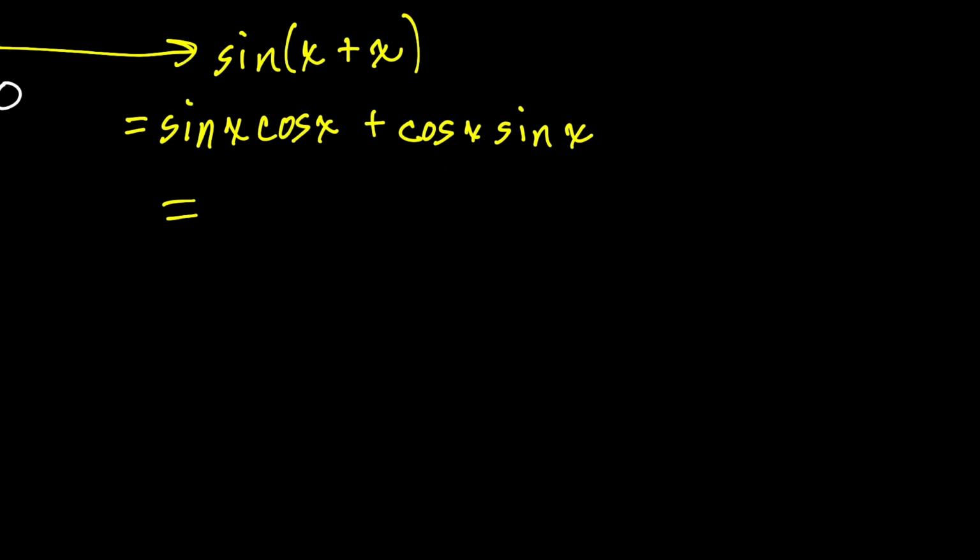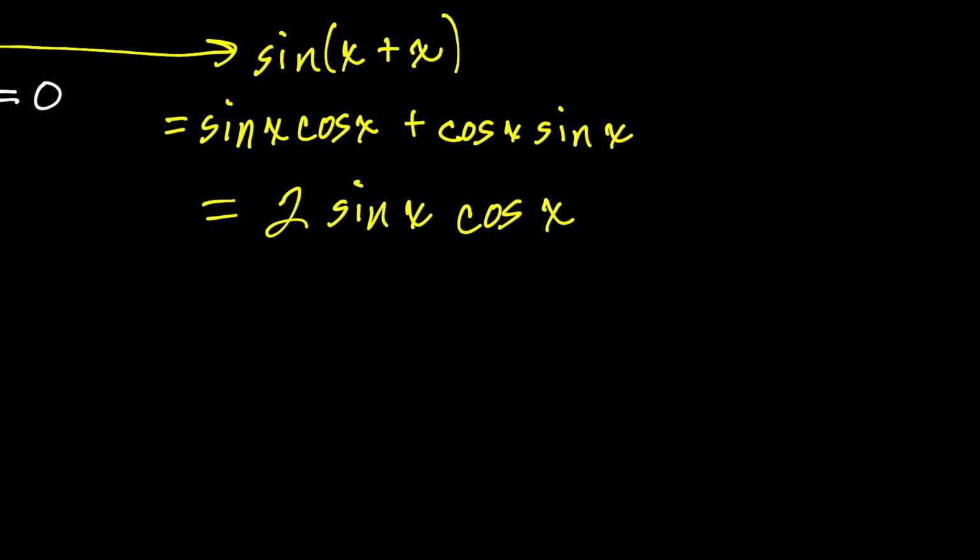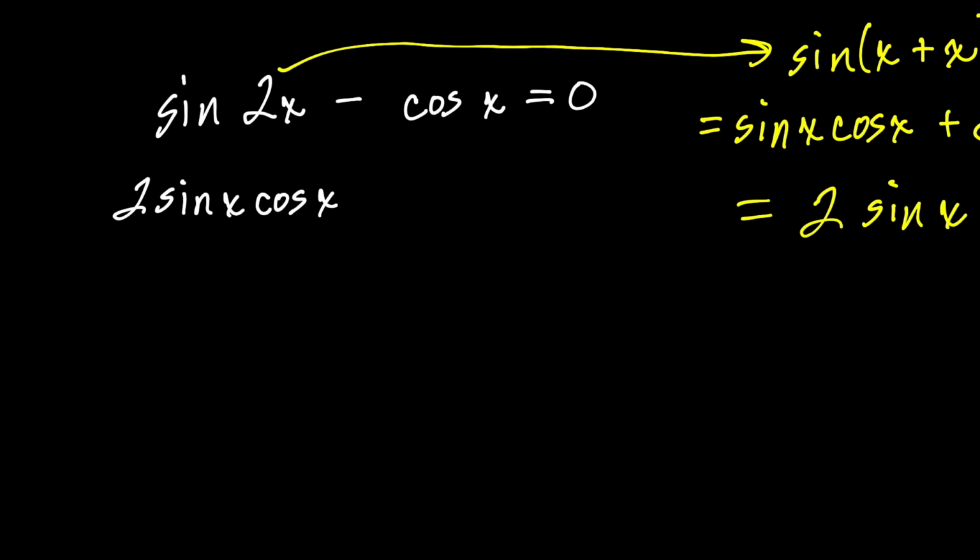So you have two of those, two sine x cosine x. Some students maybe don't remember where that came from, but in any event, we're going to use it right here to replace sine of 2x.